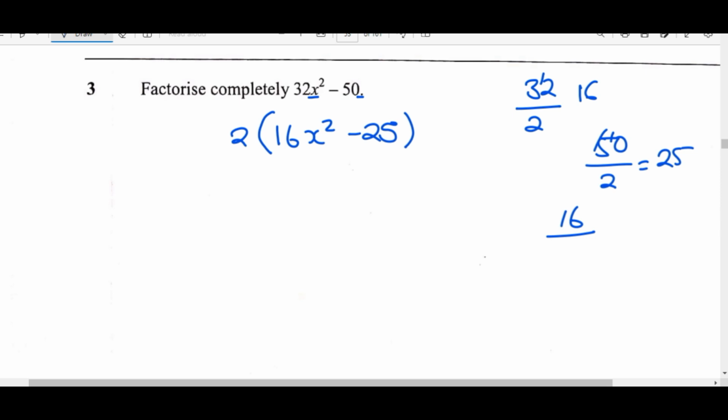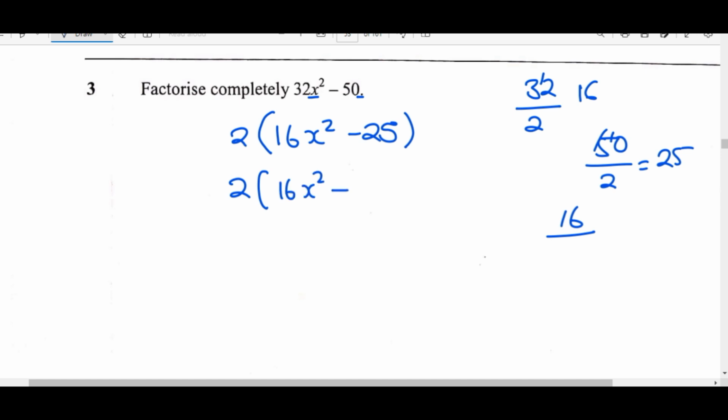So what number can we have such that when we multiply it by the same number, it should give us obviously 25? Okay, so in this case, what are we going to do? We're going to say here, that is 2, and then we open 16x squared minus.